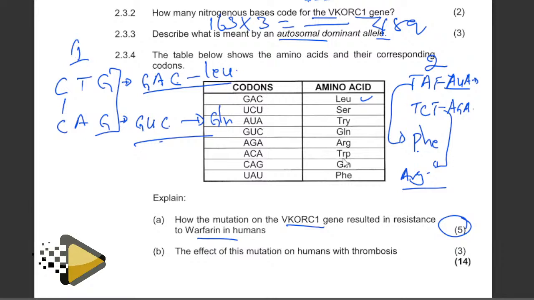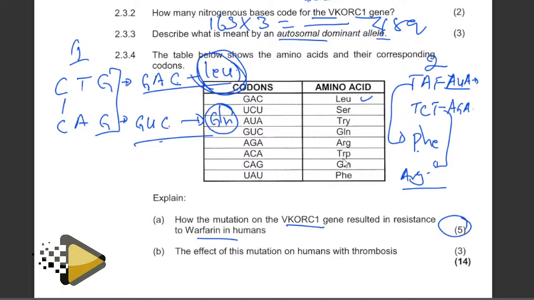The first codon was changed to this, which indicates that it produced glycine instead of leucine. So you have changed the amino acid.